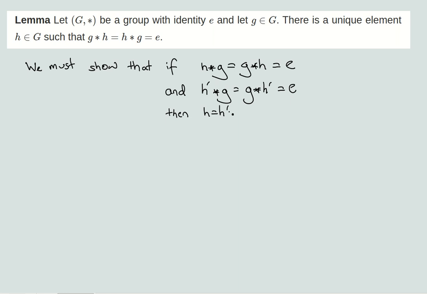Okay, so what we're going to do is write down a proof in which we carefully spell out which of the group axioms we use at each step of our proof.